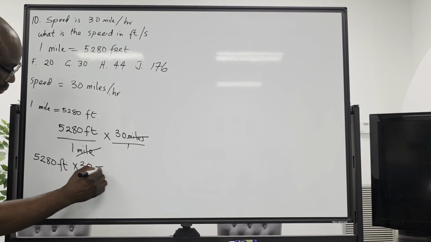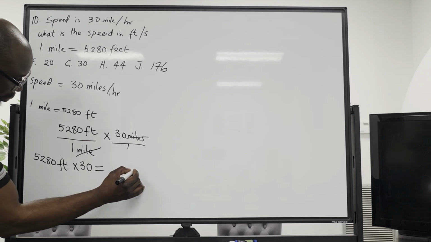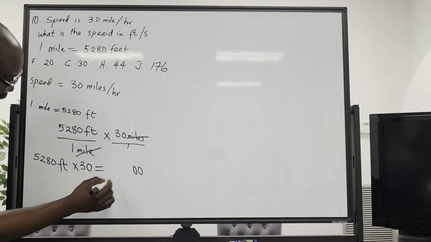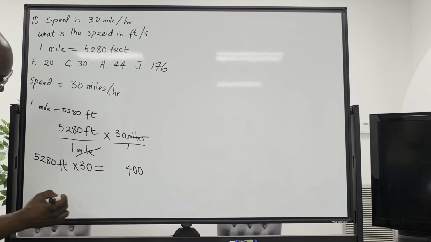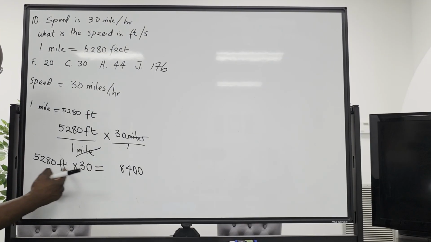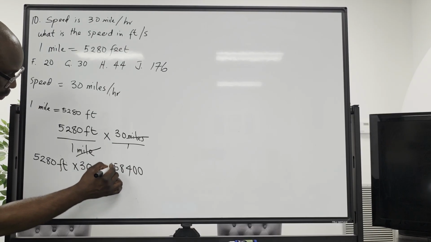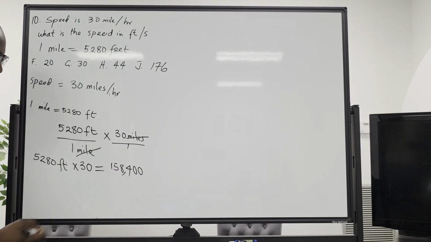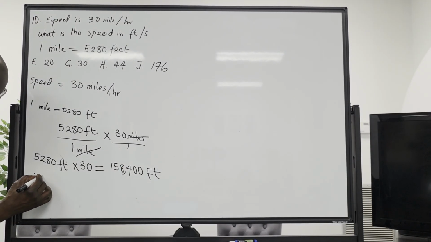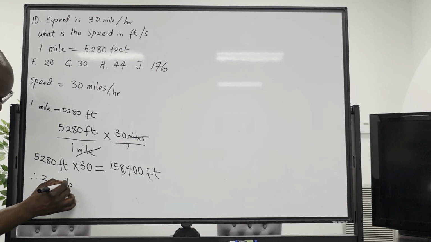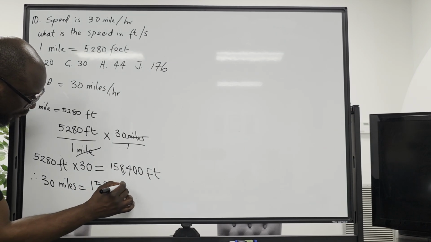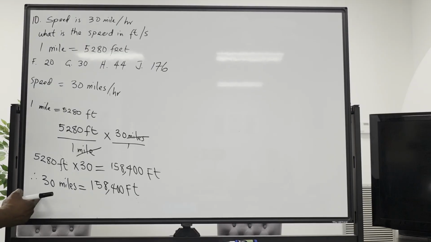If you multiply that, you have 3 times 2 is 6, 3 times 8 is 24, 3 times 5 is 15, which gives 158,400. So therefore, 30 miles is equal to 158,400 feet. So that's the first one.